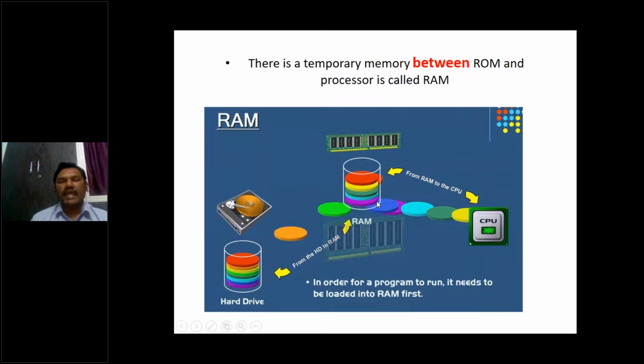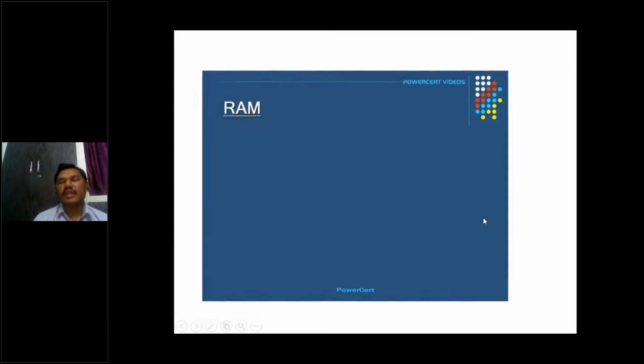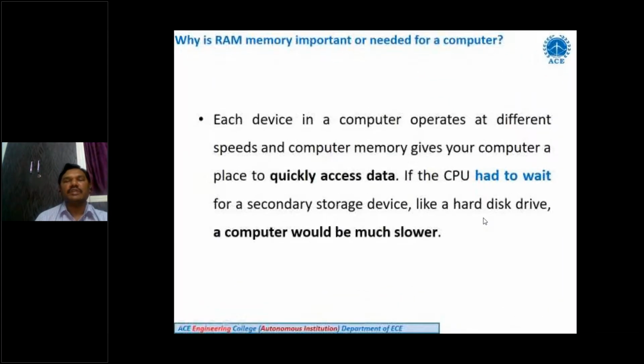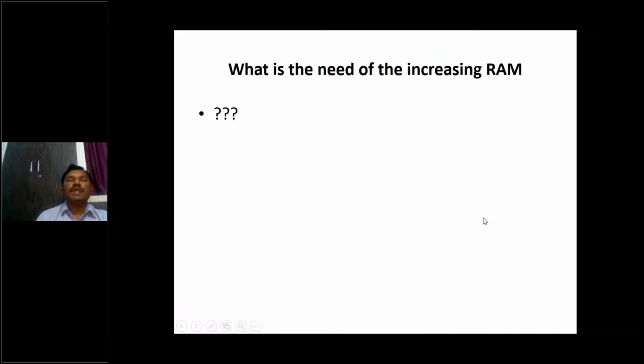Suppose we are in the habit of opening Google, YouTube, Facebook every day, and that information will be stored by this RAM memory. So from here itself, the processor will always try to fetch the data, and so it can speed up the operation. That's why we need more and more RAM, and that is the need for increasing the RAM in our mobile phones or desktop computers.